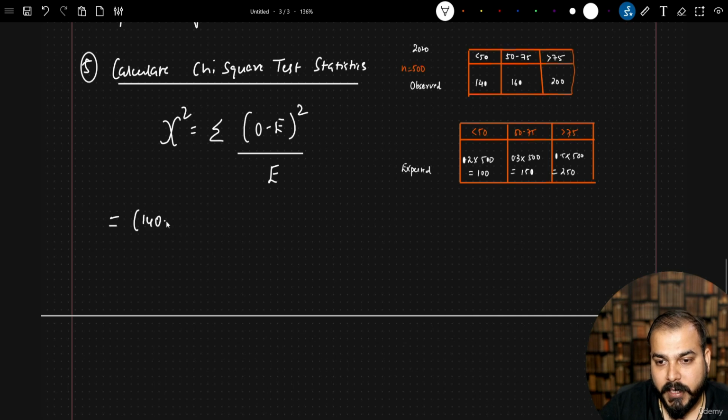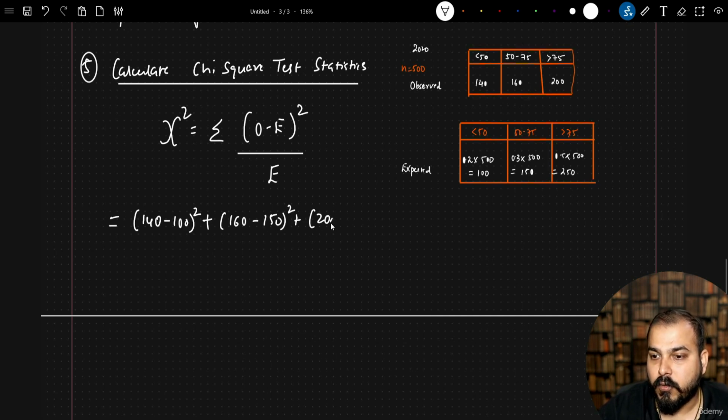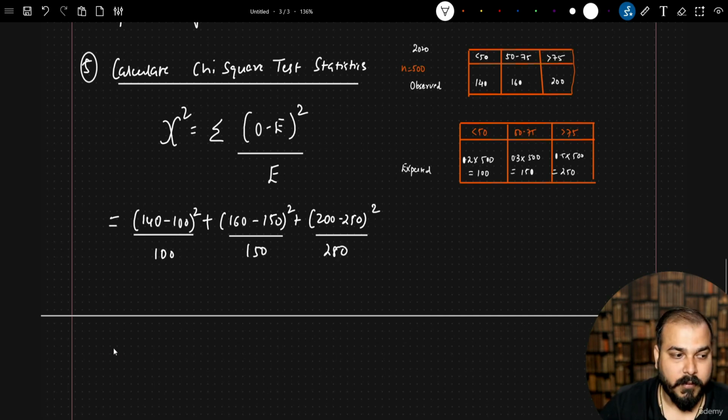So over here 140 observed minus expected, 140 minus 100. It will be whole square plus observed 160 minus 150 whole square plus 200 minus 250 whole square. Now every term will get divided by your expected value. So this will be 100, this will be 150, and this will be 250.